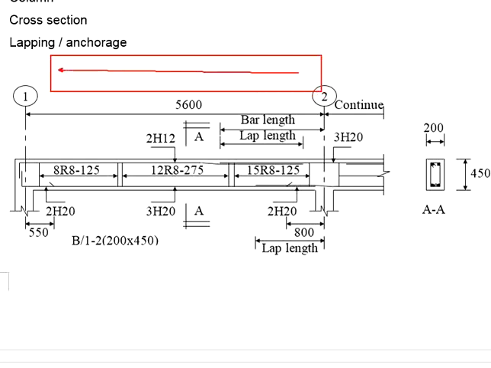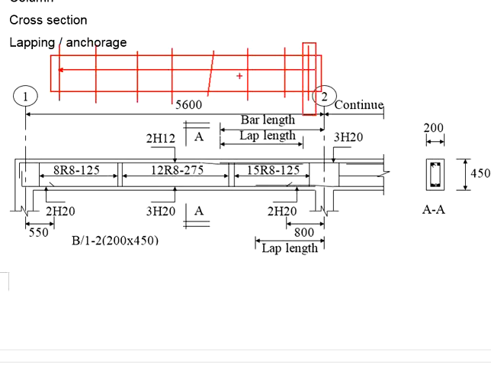The length here is 800 something. So you divide by the spacing of 125. That defines the number of spacings. So the number of shear links will be 1 extra, so that it will give you the desired number of spacings.